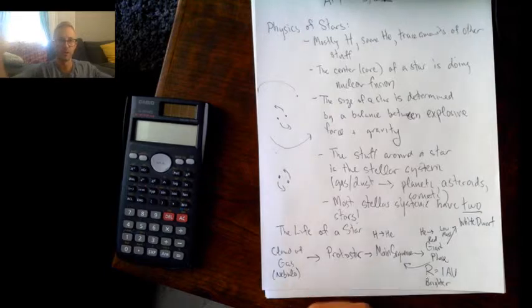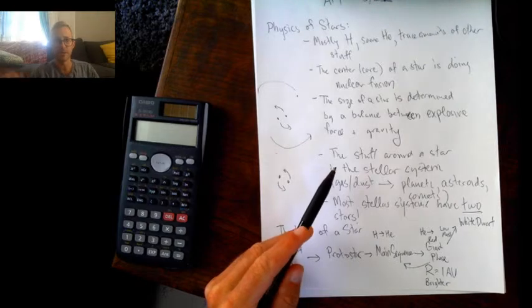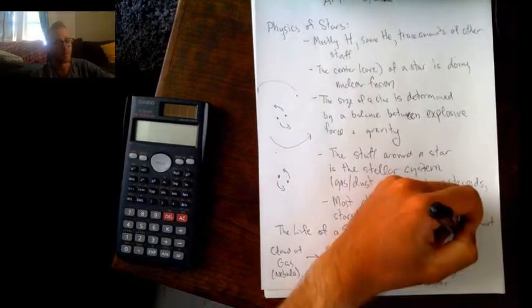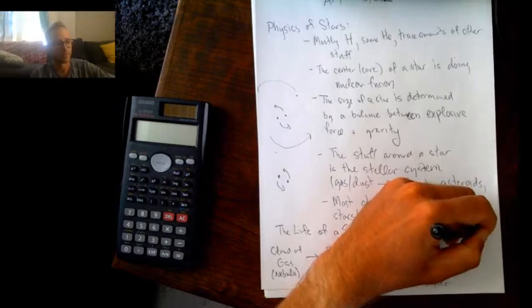And so basically the amount of explosion goes to zero, and so gravity takes over again and compresses the star back down, and it becomes a white dwarf. So white dwarfs are incredibly hot. They're roughly the size of the Earth.